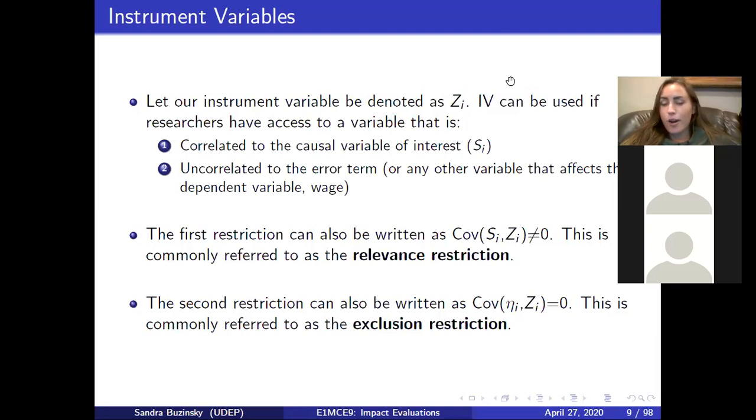So it is really hard to come up with an instrument variable that satisfies both restrictions 1 and 2. I'm sure you have all tried to think of some for your thesis, and if you've thought of any good ones, let me know, because I love to hear them. I've never thought of a good IV for any of my own research because it's the hardest thing in the world to meet both the exclusion and the relevance.